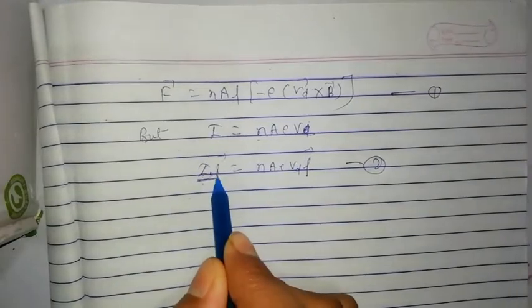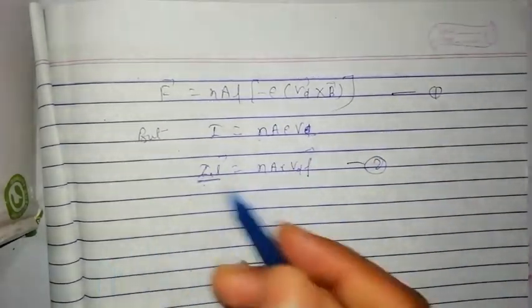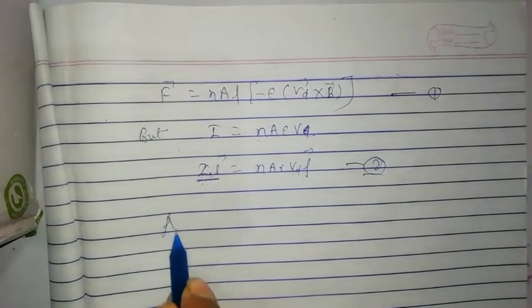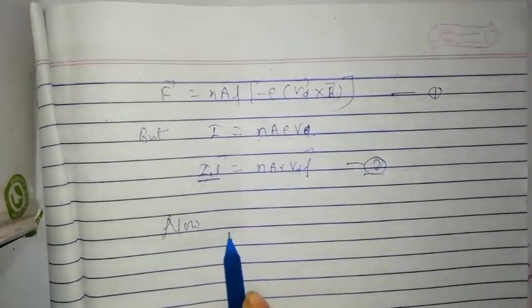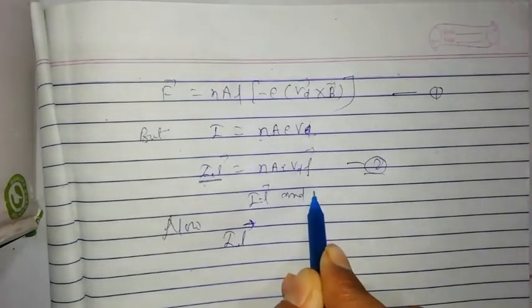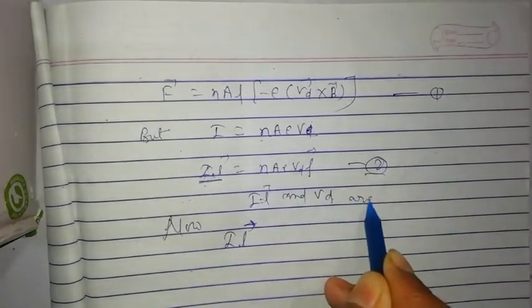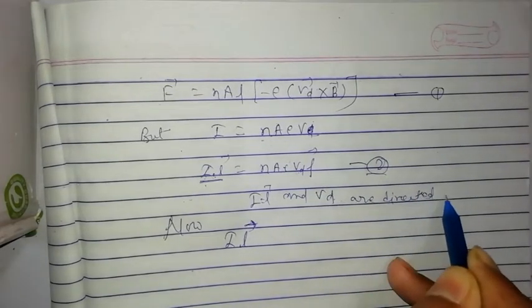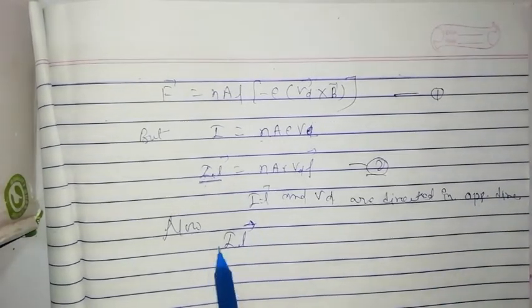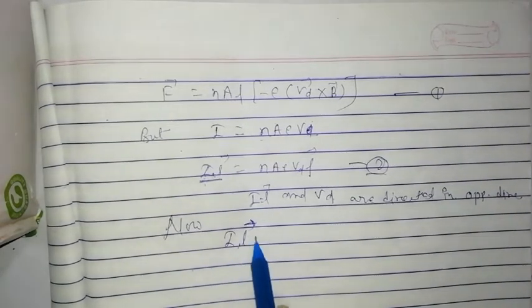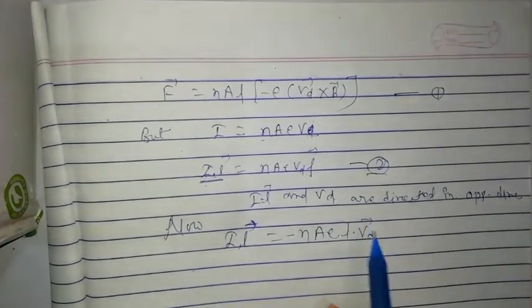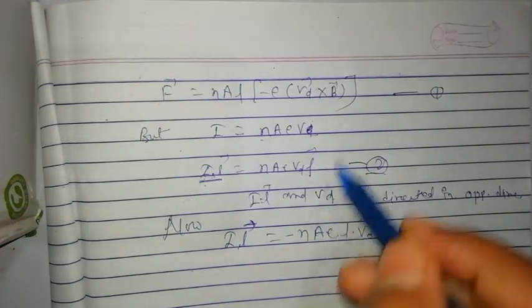Therefore, from equation number 2, I l is equal to minus n A e l Vd.